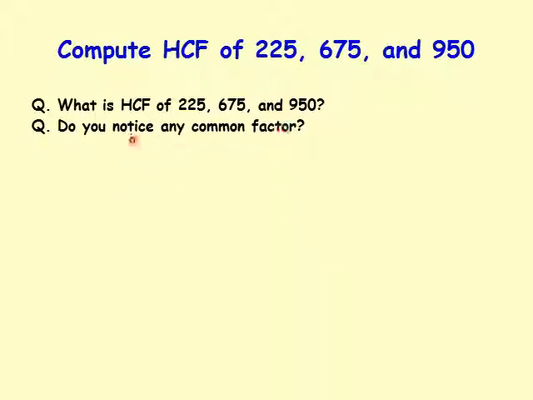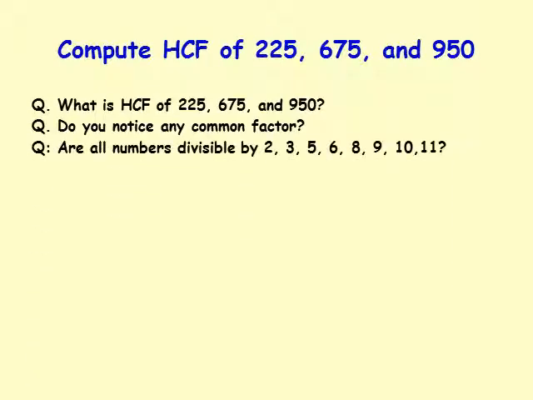Do you notice any common factor here? Are all these numbers divisible by 2, 3, 5, 6, 8, 9, 10, and 11? They're not even, so they're not divisible by 2.